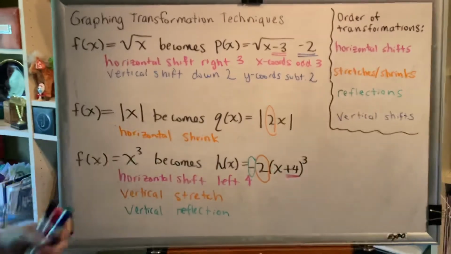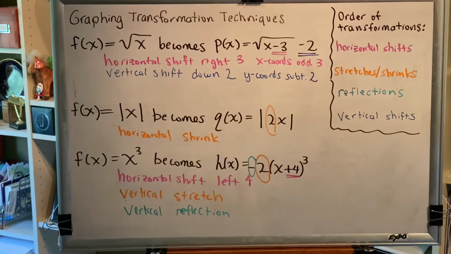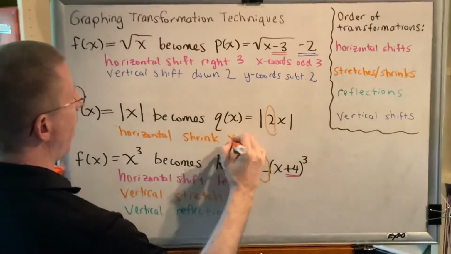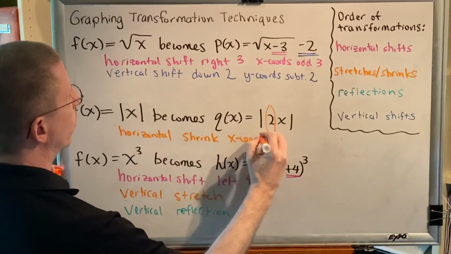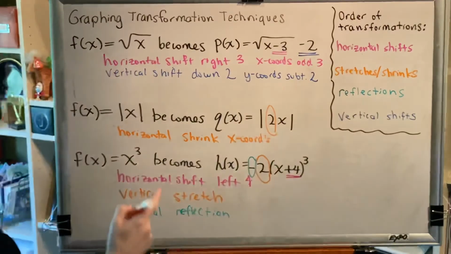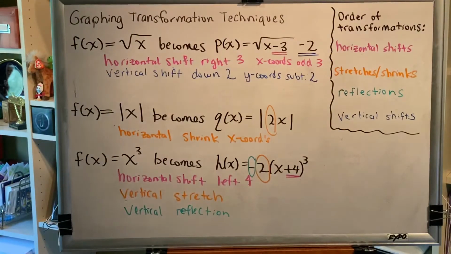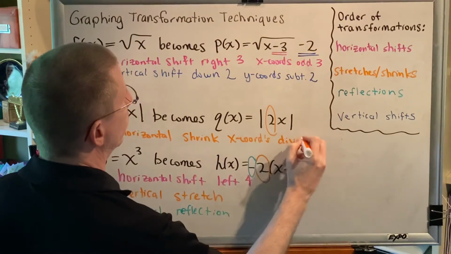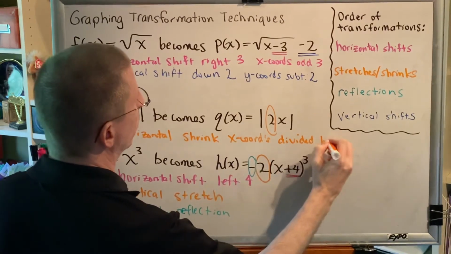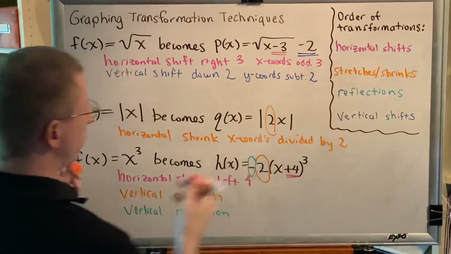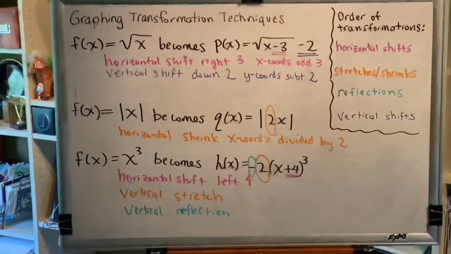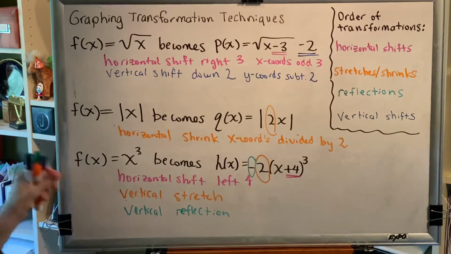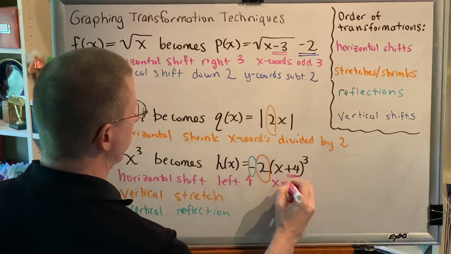Okay, next one, horizontal shrink. So with the horizontal, the first thing you want to recognize is that horizontal affects X coordinates. And with a horizontal stretch or shrink, the X coordinates are divided by 2. Okay, next, horizontal shift left 4. Well, it's horizontal, so that affects X coordinates.